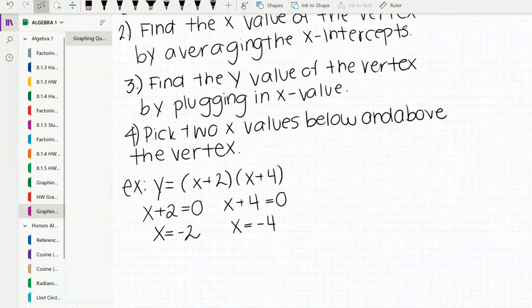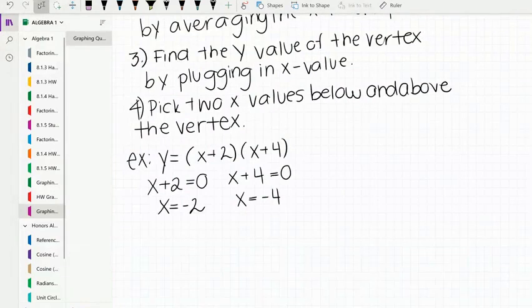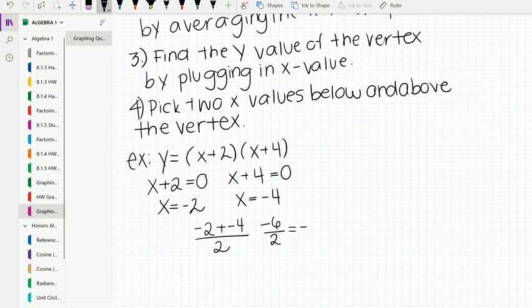All right, so we have our x-intercepts. The whole reason why we want to find our x-intercepts is because we know that the vertex is in between the x-intercepts. So we can average them. This one's kind of obvious, but you add them together and you divide by 2. So -2 plus -4 is -6. Divide by 2 is -3.